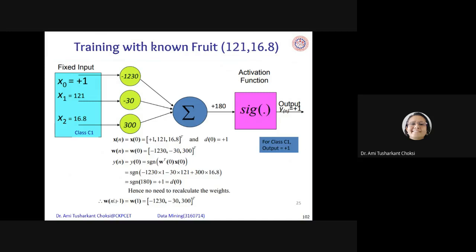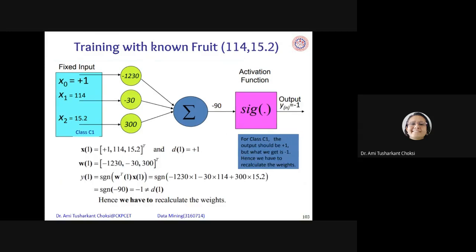So let us say that for the next step, we will have Wn plus 1, that is W1, equal to negative 1230, negative 30, 300 transpose. They remain the same. Fine. No need to adjust the weights. Fine. Now, is it finished? No, no, no. Now, training with known fruit.